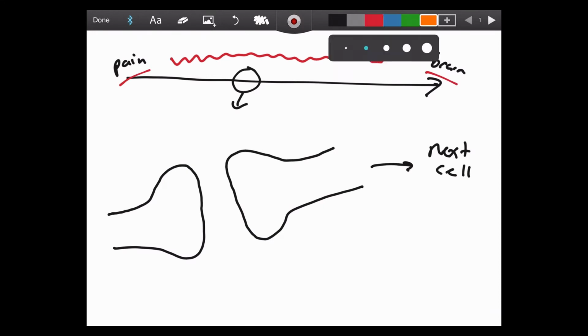Now, inside the presynaptic part of the neuron, there are vesicles, and these vesicles contain neurotransmitters. Those are chemicals that are much like a key.